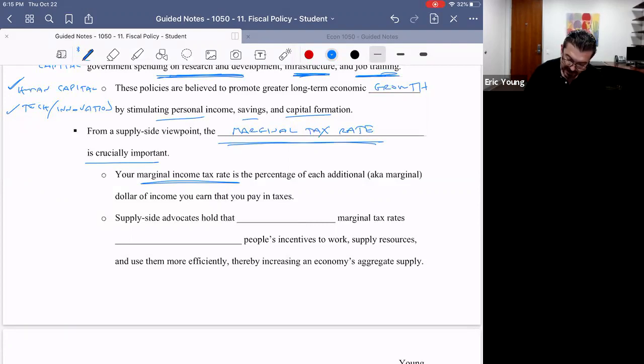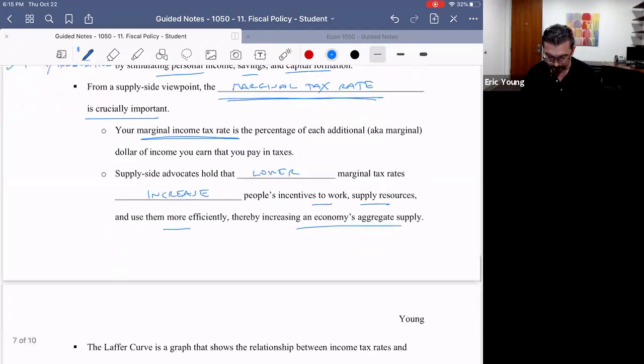Supply side advocates maintain that if you lower marginal tax rates, you're going to increase people's incentives to work, to supply resources to the factor markets, and to use resources more efficiently, all of which will combine to increase the economy's overall AS and its production capabilities. So that marginal tax rate is a critical concept to supply siders.